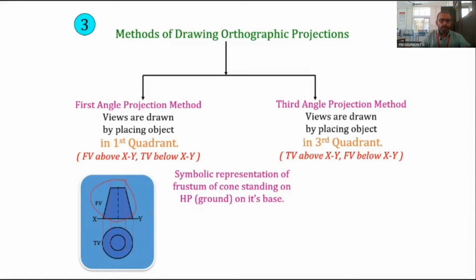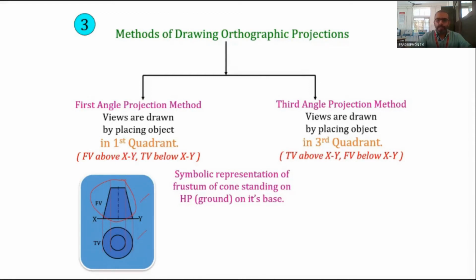In the top view there will be two circles, one representing the bottom circular face, and the other representing the top circular face. These are the two views, the front view as well as the top view in first angle projection.